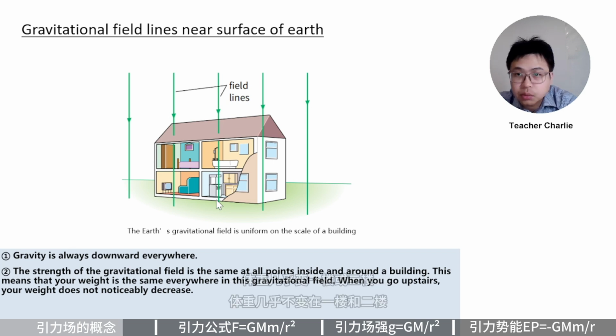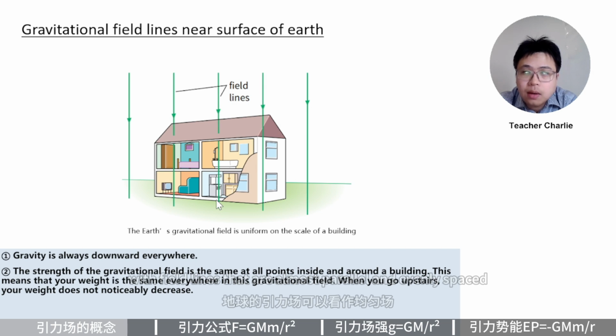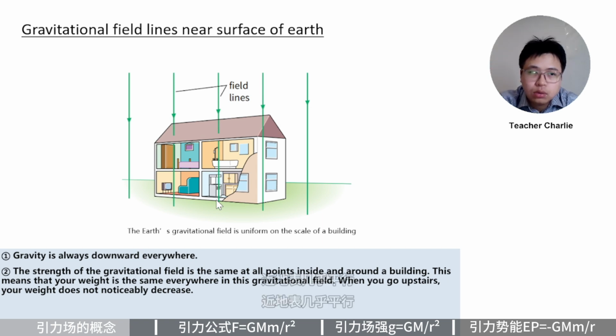Your weight is almost unchanged on the first or second floor. This is because within a small area, the Earth's gravitational field can be regarded as a uniform field, with field lines that are almost parallel and evenly spaced. The field lines near the surface are almost parallel. Okay.